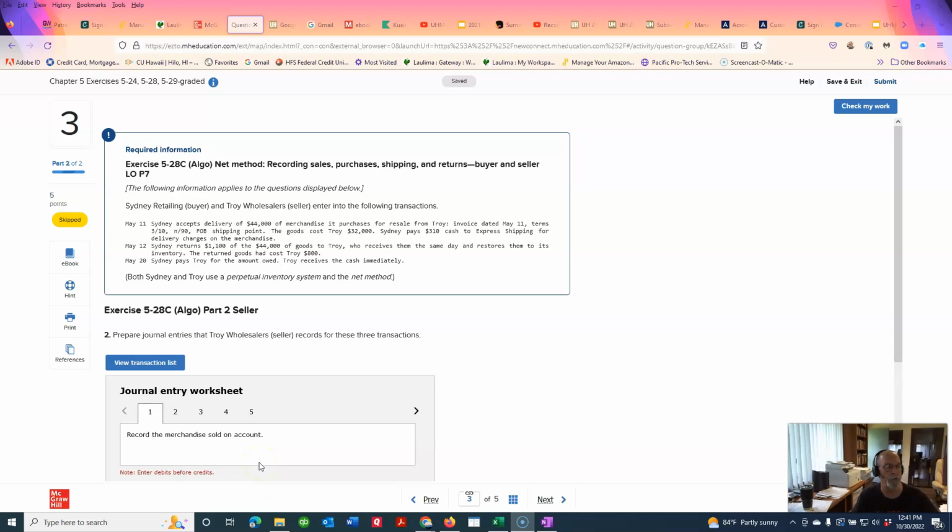First transaction on May 11, record the merchandise sold on account. So as you might recall, the purchase price, which is also the purchase price for the buyer, is also the selling price for the seller. So that's $44,000.